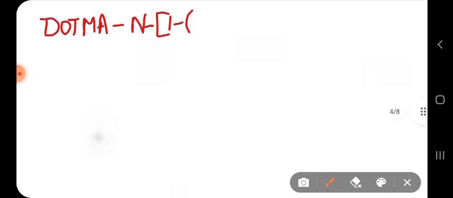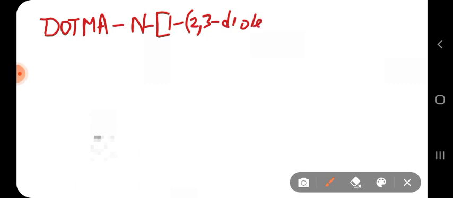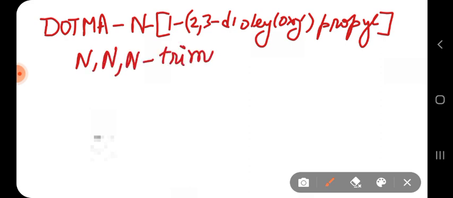I am zooming in here to write the names. The chemical name of DOTMA is very large: N-[1-(2,3-dioleyloxy)propyl]-N,N,N-trimethylammonium chloride.